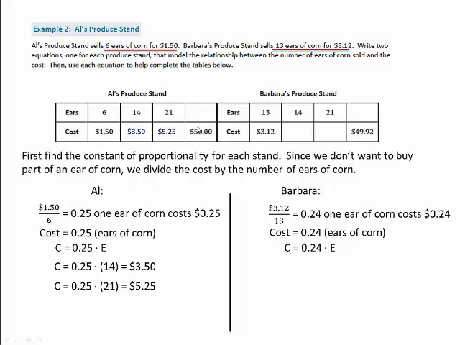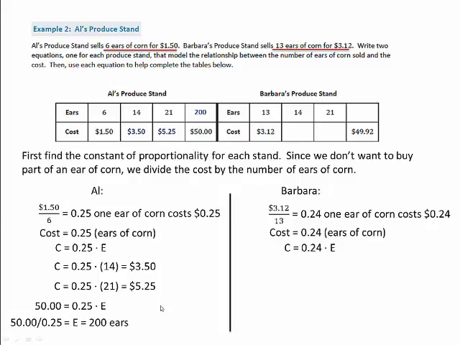If we want to spend $50 to find out how many ears of corn we can get, we can substitute $50 for C instead of E. And then we're going to divide both sides by 25 cents and get 200 ears of corn. So $50 will buy you 200 ears of corn.